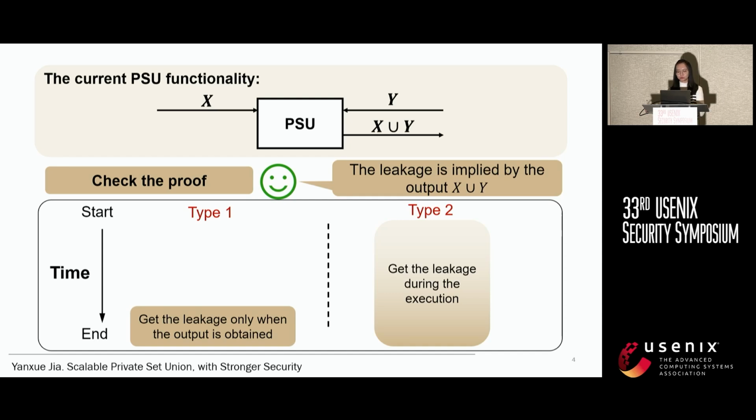However, in type 2, the receiver can get the leakage during the execution, and we call this during-execution leakage. If the two types had the same influence, then we also wouldn't need to care about it. However, we found that this is also not true, because the during-execution leakage can empower the adversary.